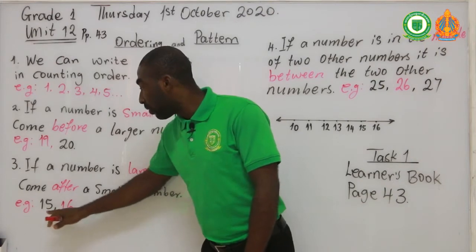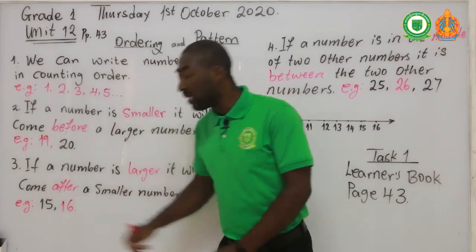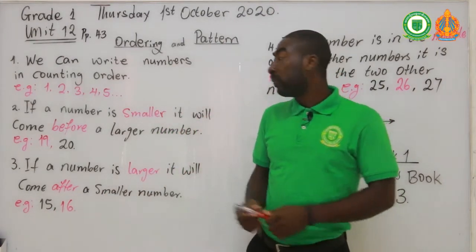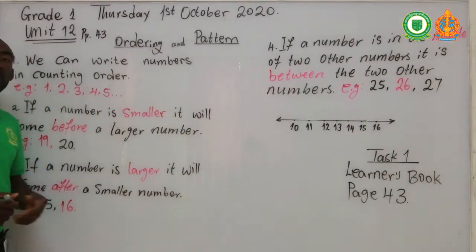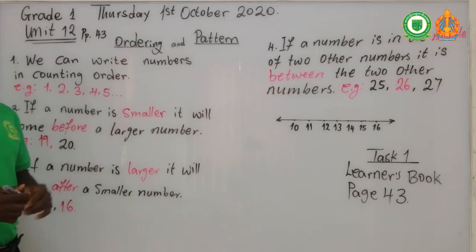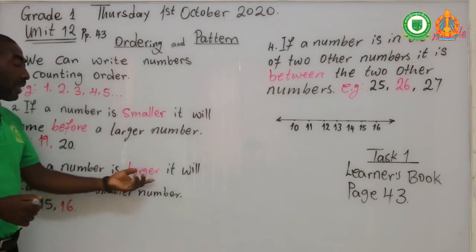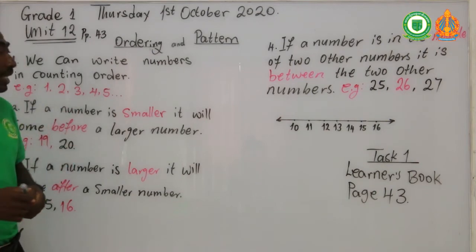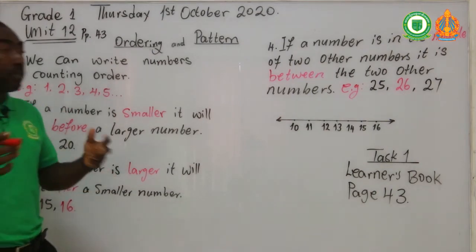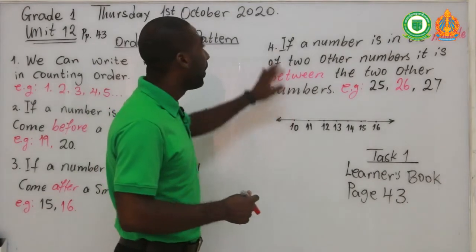So this is the smaller one and then this is the larger one. However, if you are starting your ordering with the larger one, it means that you have to write the larger one first and then it continues to the other one. I'm going to demonstrate that for you to understand that very well, okay?